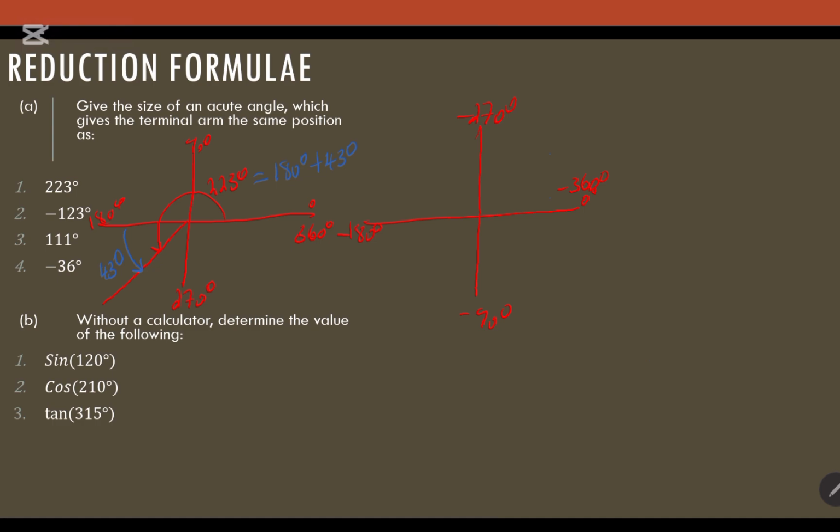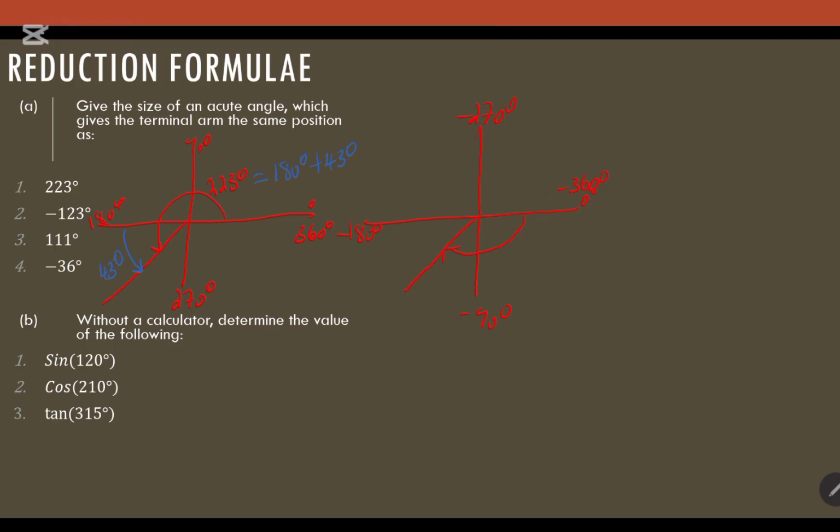So this angle is negative 123 degrees. This angle is found in the third quadrant. It opened all the way from the horizontal line there and landed in the third quadrant. So we are looking for the size of an acute angle that will give the same position as this angle here.